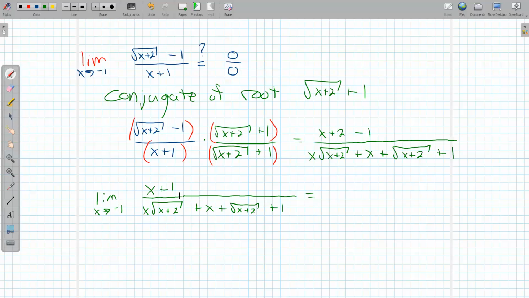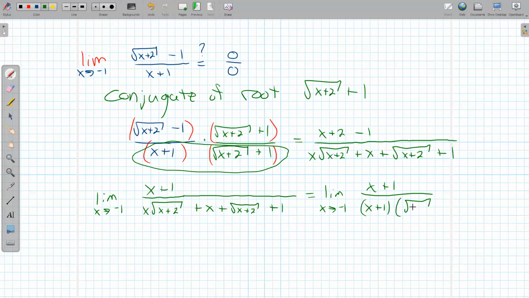This does simplify. I'm going to leave that denominator in factored form because then we get things to cancel. So x plus 1 in the top, and in the bottom, x plus 1 times the square root of x plus 2 plus 1. And x plus 1 divided by x plus 1 is 1.